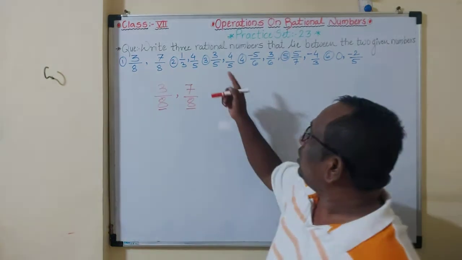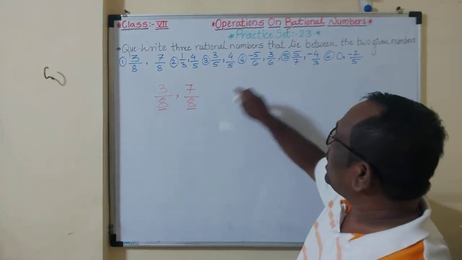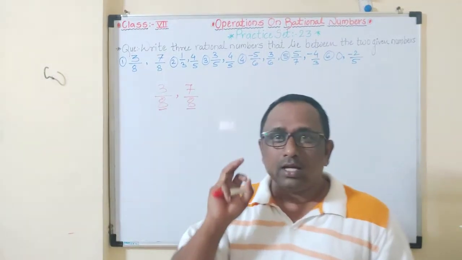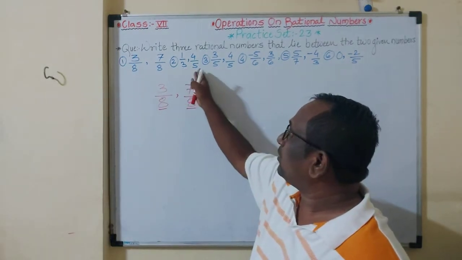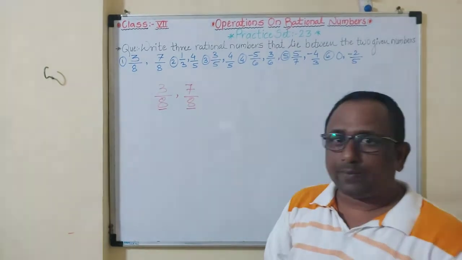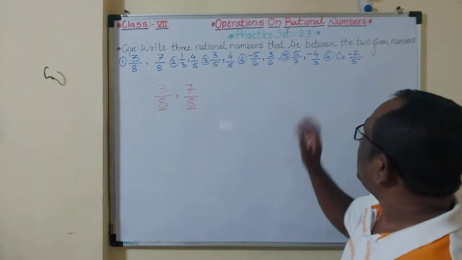Now here also we have to consider that, because we have to write the rational numbers that lie between these two numbers. So our denominator must be same. So already they are given here. In the second one, the denominator is different. So in this example it is already the same, so we can write the three rational numbers that lie between these.